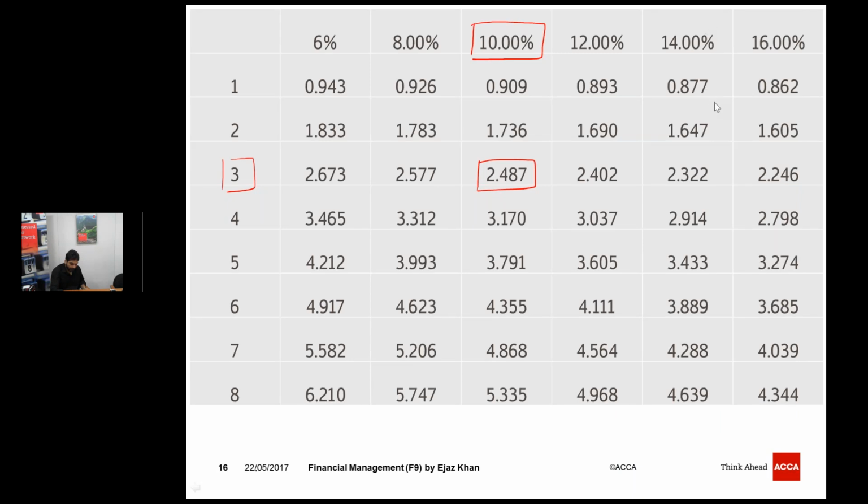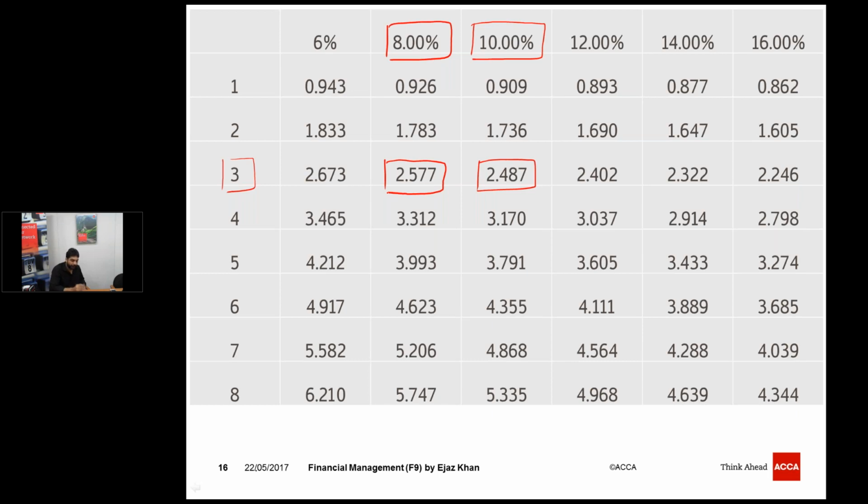Okay, this is the annuity table. The discount rate for us is 8%, so move to this column. And the project life is 3 years, so the annuity factor relevant for the question will be 2.577.